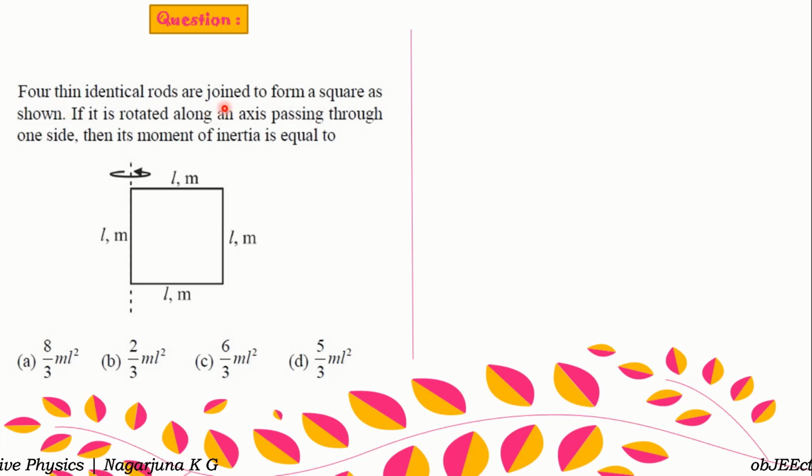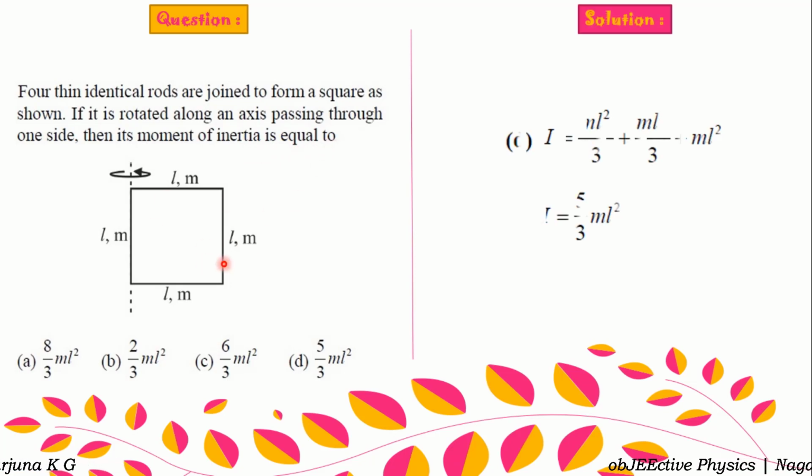Four thin identical rods are joined to form a square as shown. If it is rotated along an axis passing through one side, then its moment of inertia is equal to? Observe the diagram, options, then solutions. The left side edge is on the axis, so moment of inertia for this side is 0.